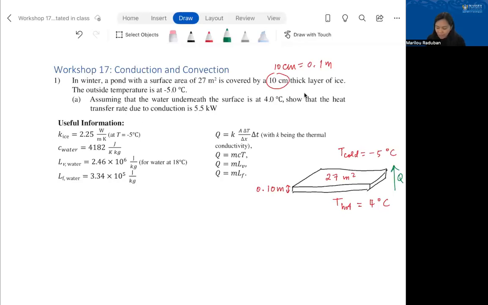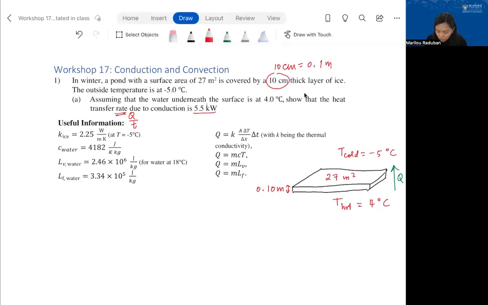And we are asked to show that the heat transfer rate due to conduction is 5.5 kilowatts. So rate, okay, heat transfer rate, that means Q divided by time, right? Whenever you hear or read the word rate, it means something divided by time. Heat transfer rate means heat divided by time. And the answer should be 5.5 kilowatts.